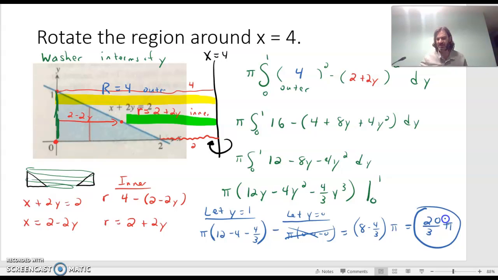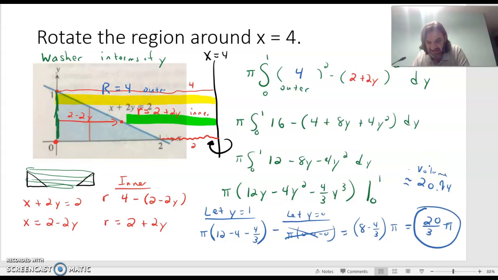Let's just do a calculation and see how big that number is. 20 divided by 3 is about 7, but times pi tells me the volume is about 21, so that's approximately 20.94 it says for a volume. It's hard to say.